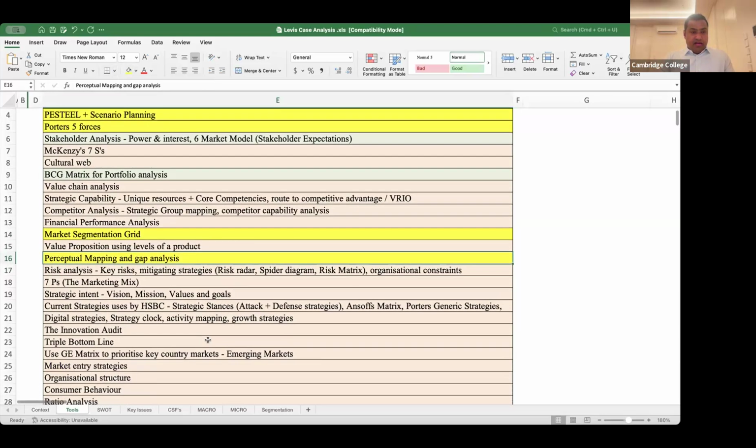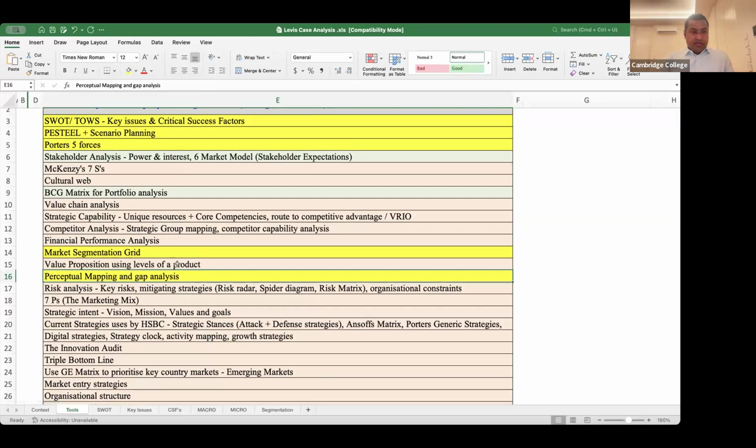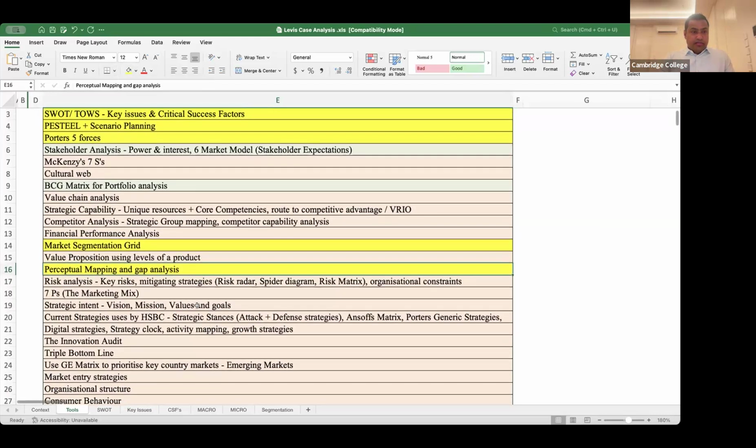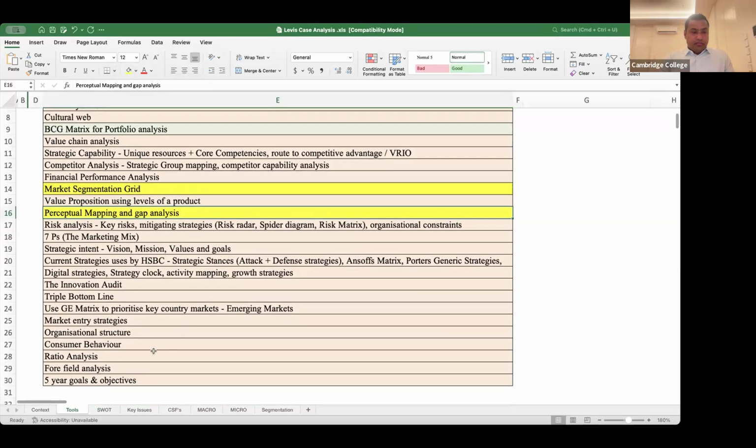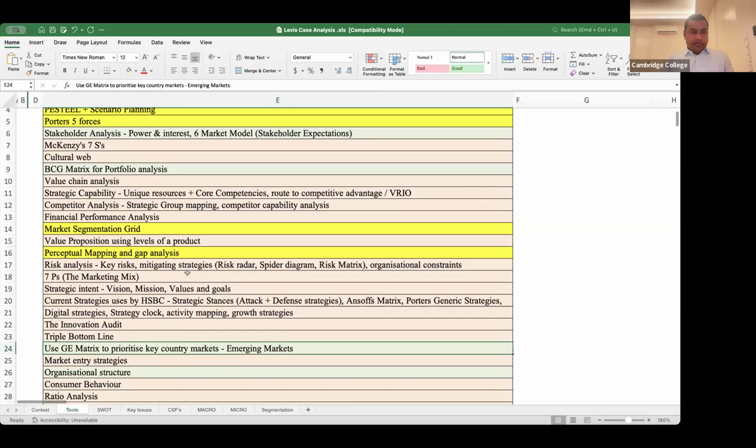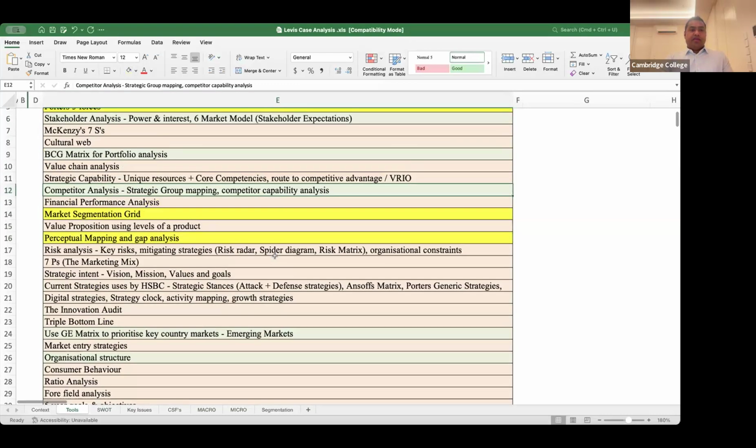Today we'll look through some of these areas, including the organization structure. We'll look at the GE matrix today. And then, if we have time, let's try to look at the competitor analysis today.